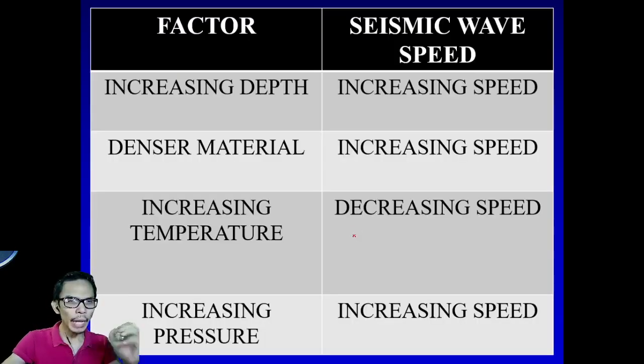Now, to sum up everything, there are only four factors. As we talked about earlier, increasing depth means increasing seismic wave speed. Now, the denser the material, the higher the velocity of your seismic wave.